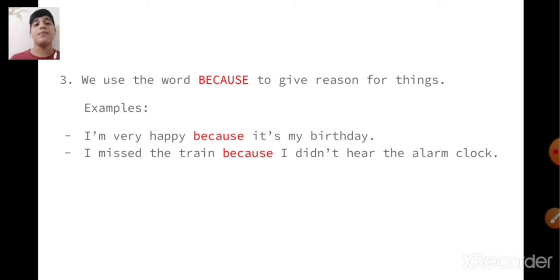Second example, I missed the train because I didn't hear the alarm clock. Okay, we are giving the reason why we missed the train. And the reason is that we didn't hear the alarm clock. So we use because to introduce the reason for the first idea.